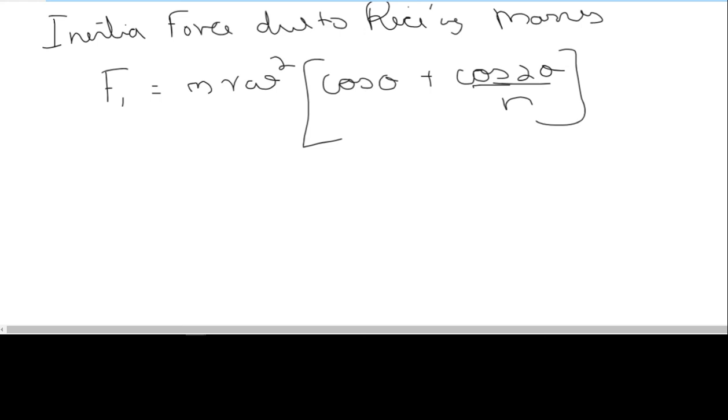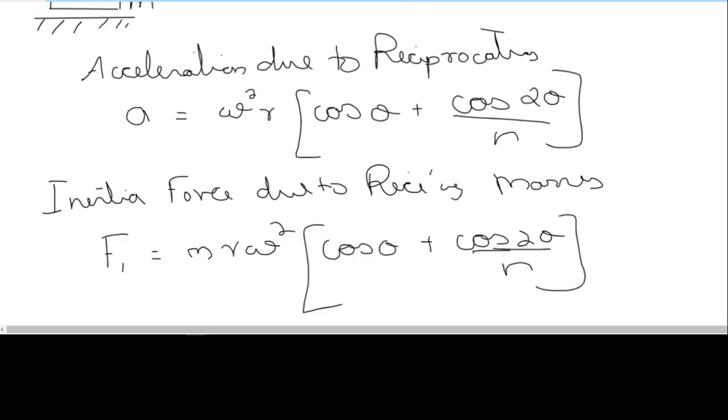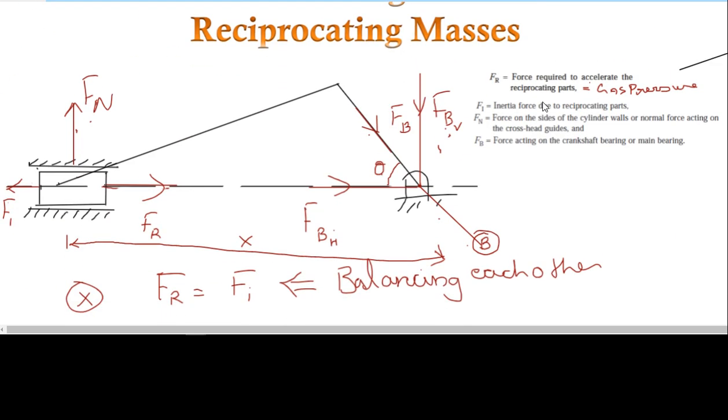If you see the above diagram, you can see that this Fi, our inertia force that we found out as m r omega square cos theta plus cos 2 theta divided by n, is equal to both this Fr and Fbh, the horizontal component of the bearing reaction as well as the horizontal component of the reaction of the piston. But we have taken Fr equal to Fi to cancel out this Fr to make it a balanced condition, and we have left out Fbh.